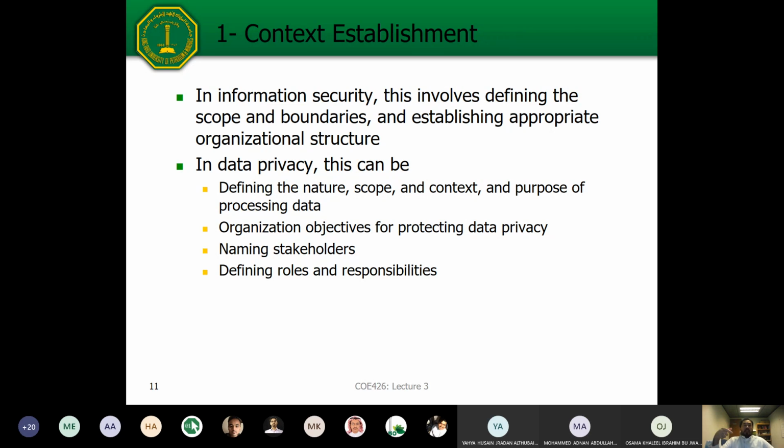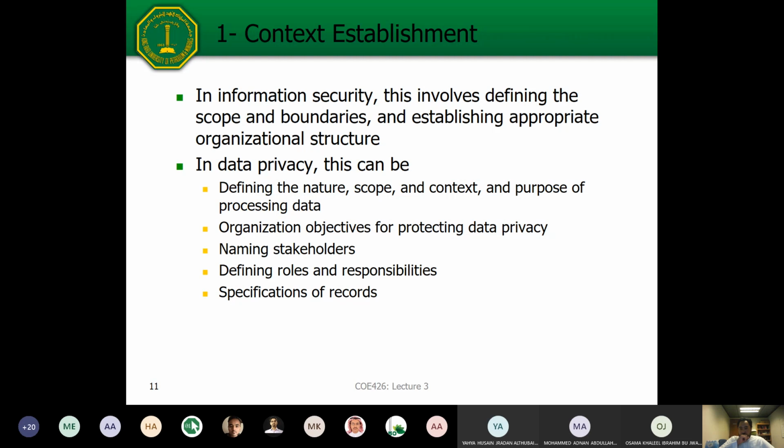There's also the Chief Privacy Officer, who mainly oversees how the company or the organization is complying with the privacy laws and makes sure that there are no breaches of privacy. So this is really important to put things in context.